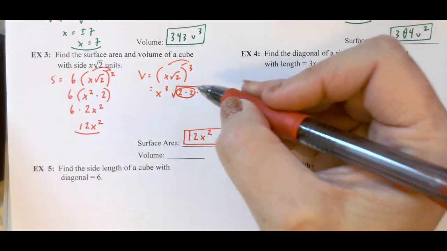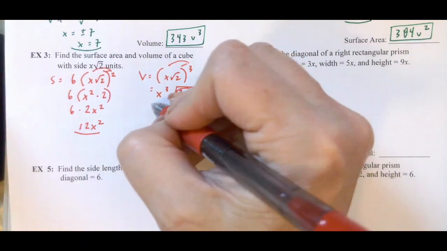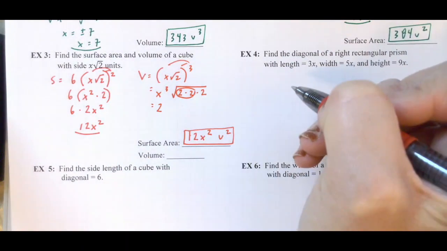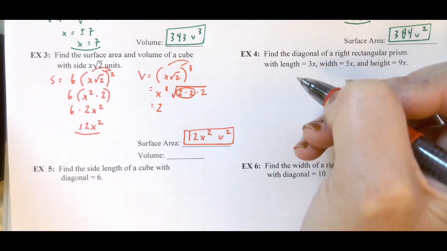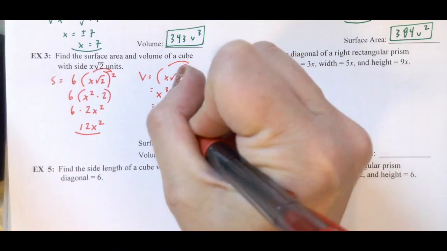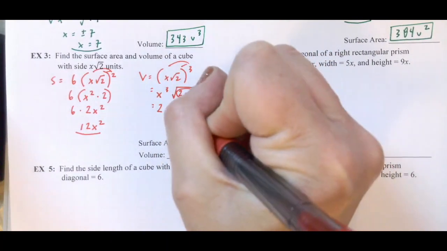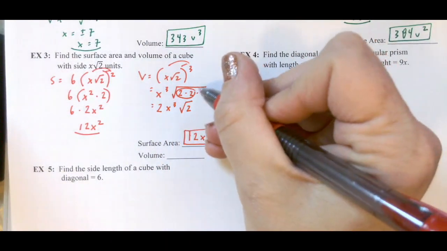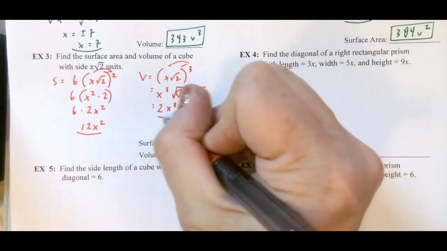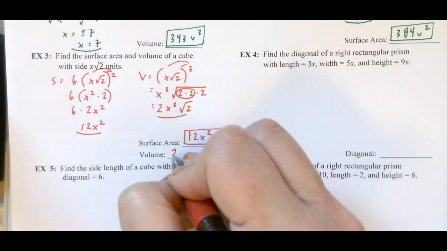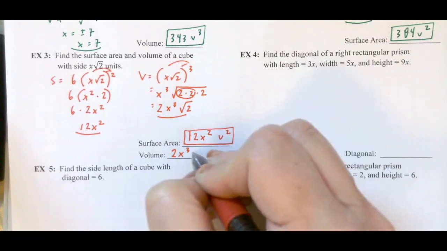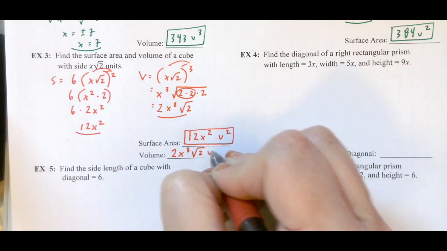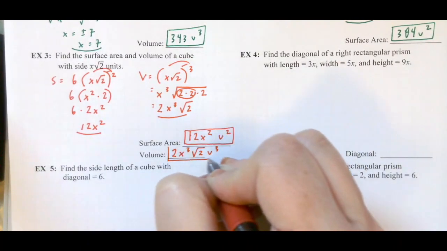So I'm going to pull out that group of 2, write 1 on the outside to represent the pair that was underneath. So I have 2x to the third power and then square root 2 because that 2 stayed behind. So my volume is 2x to the third power, root 2, units are cubed.